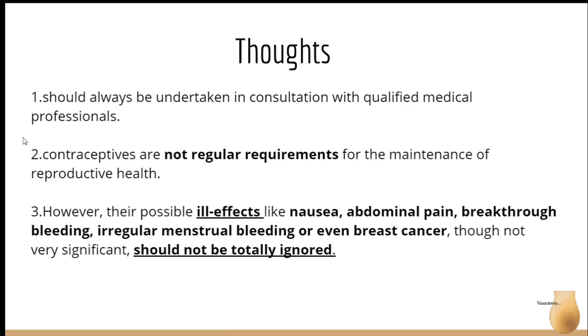Contraceptives are not regular requirements for the maintenance of reproductive health. Remember, in order to maintain reproductive health, you need not use any contraceptive devices. That is the most important thing you should remember. So thinking that using contraceptive devices is what gives proper reproductive health is a wrong thought.